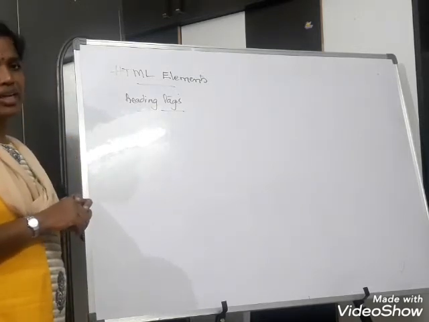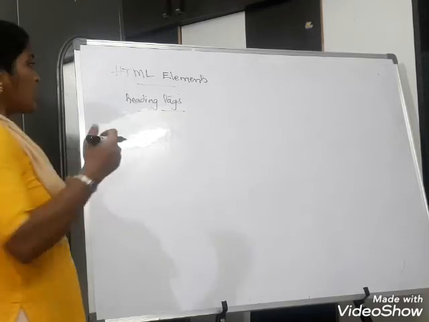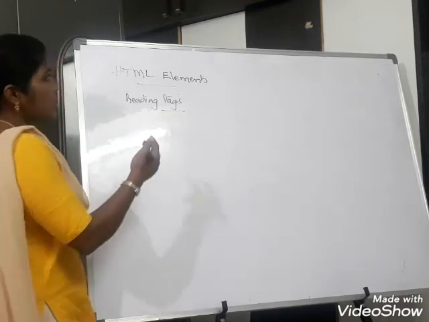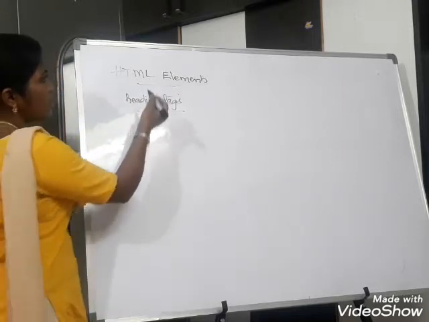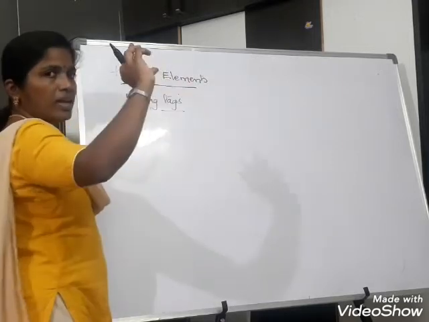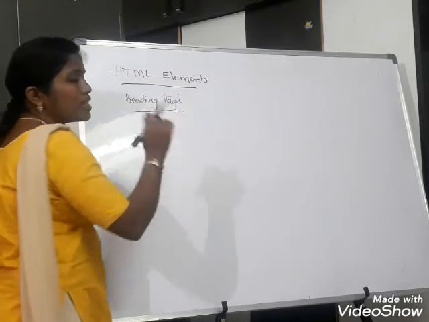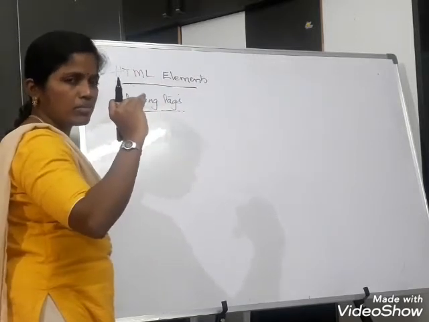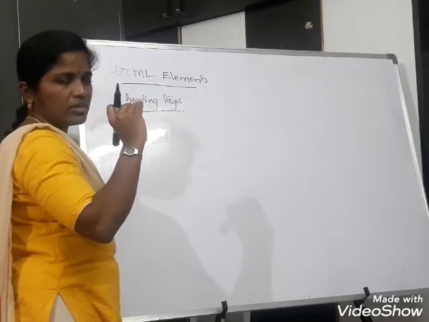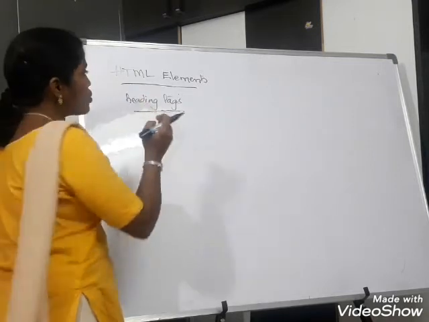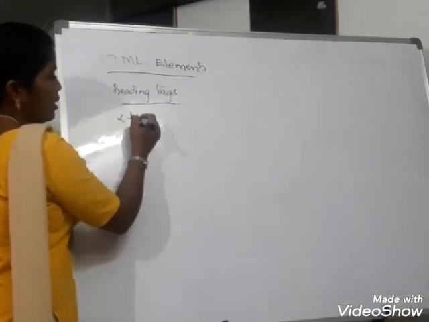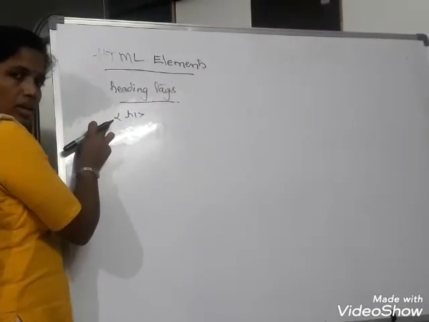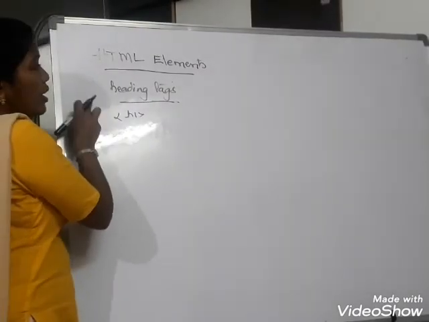What is the meaning of heading tags? The meaning of heading tags is something, if I am writing this, it means it is a heading. You can see the difference here. This is with the larger font, whereas this is with a reduced, lesser size, right? So like this, if I want to write the H1 tag, bigger, smaller, less smaller, right, like this.